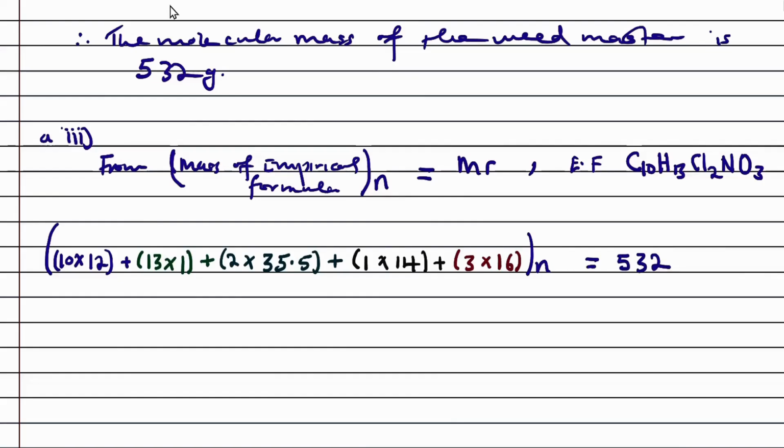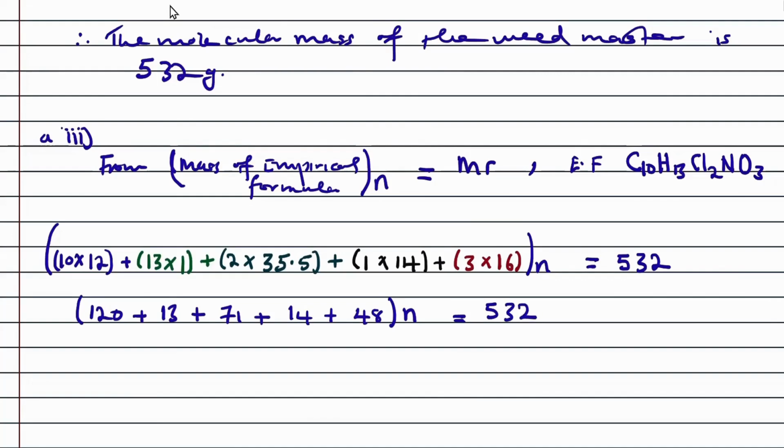So as we simplify here, this is 120 plus 13 plus 71 plus 14 plus 48, close the brackets, multiplied by n should be equal to 532.